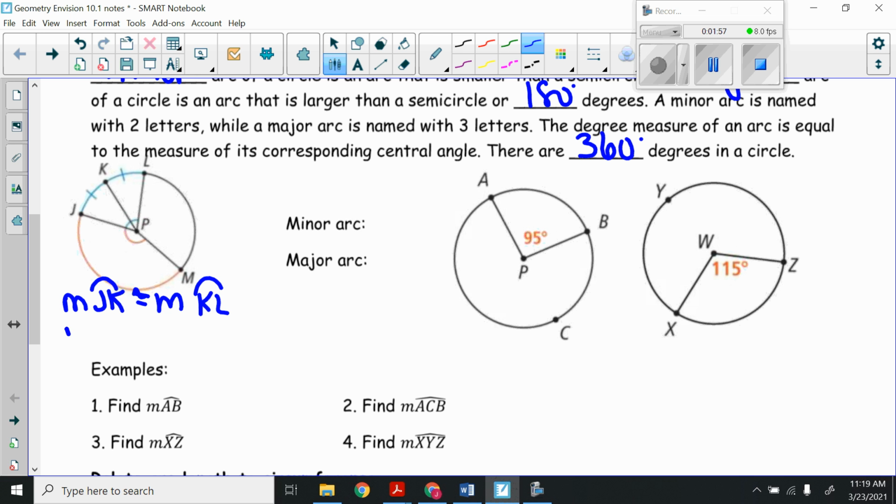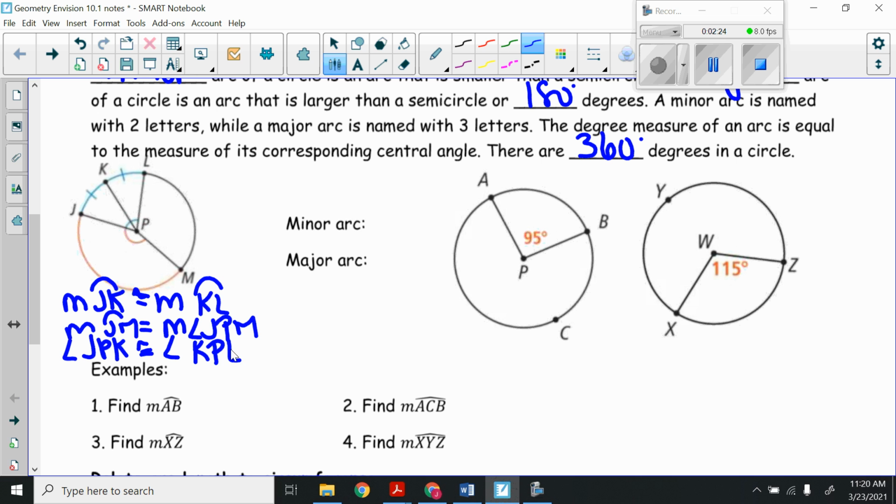The measure of arc JM would equal the measure of angle JPM, and angle JPK is congruent to angle KPL.